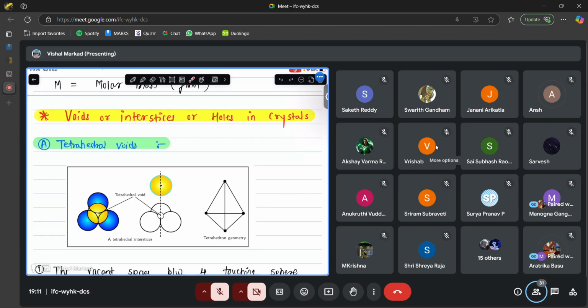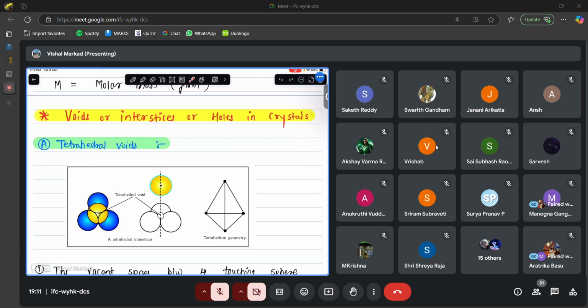That space is called a tetrahedral void. Why? Because how many atoms are involved to create that space? Four: three horizontally and one at the top. It looks like a tetrahedral shape, right? That is why it is called a tetrahedral void.